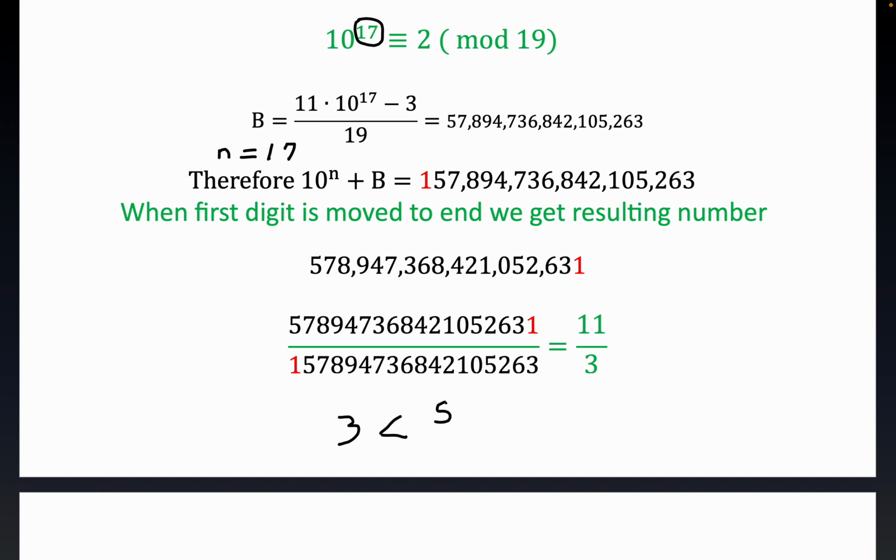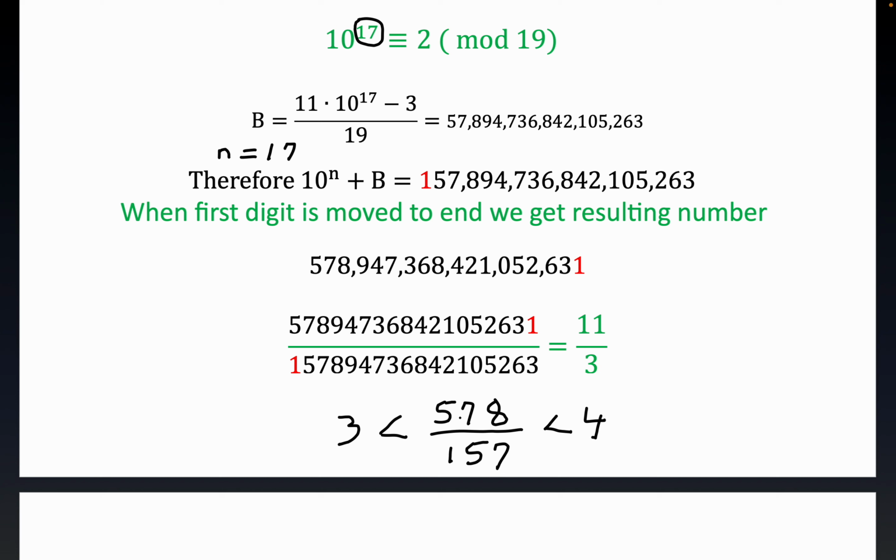I'm taking the leading 3 digits of each of the numerator and the denominator. So here's your 578, and then there's our 157. Now this is clearly between the two natural numbers, 3 and 4, right? 4 times this number would be bigger than the numerator, and 3 times this number would be less than the numerator.